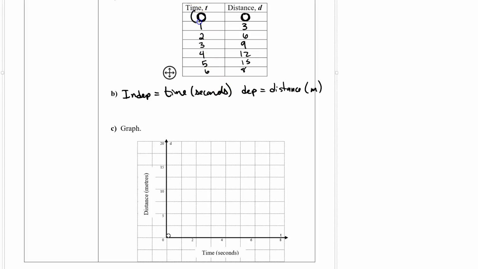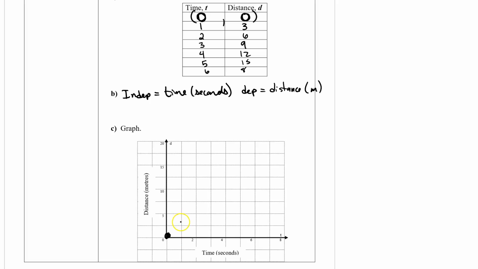The way that you plot them is you pretend that they're coordinate points. So when time is 0, distance is 0. When time is 1 second, it goes up by 2 every 2, so this is 1 second, the distance is 3.